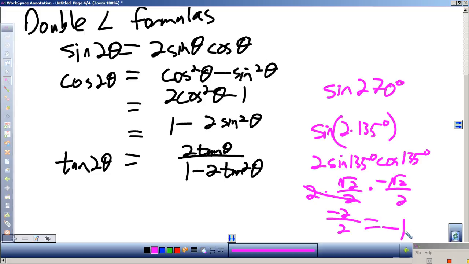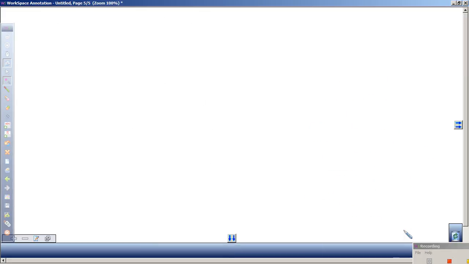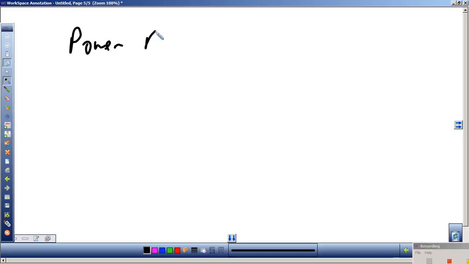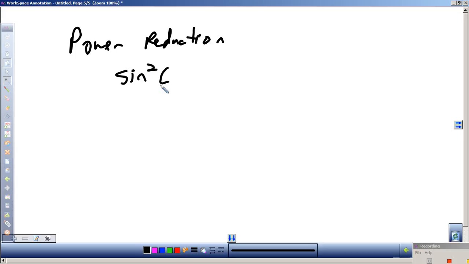Next ones are a bit more useful. So these are going to be the power reduction formulas. We are starting with sine squared of theta is equal to 1 minus cosine of 2 theta over 2.